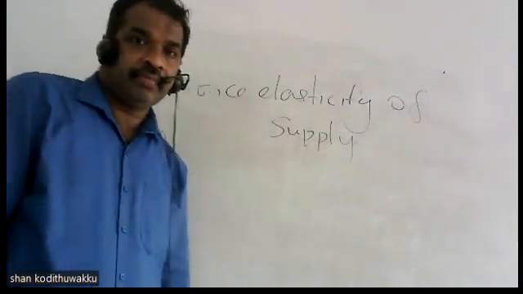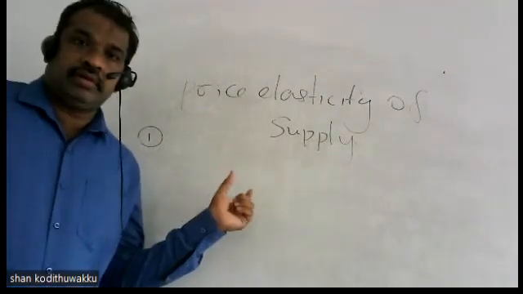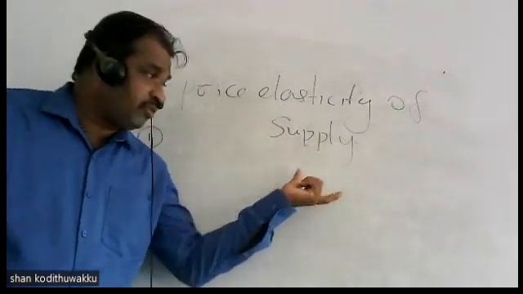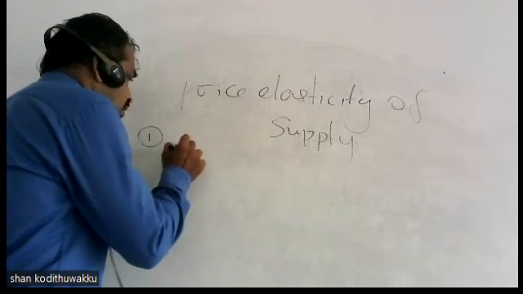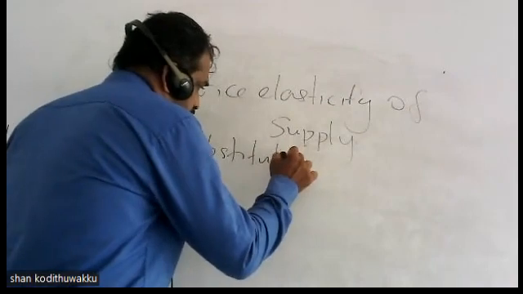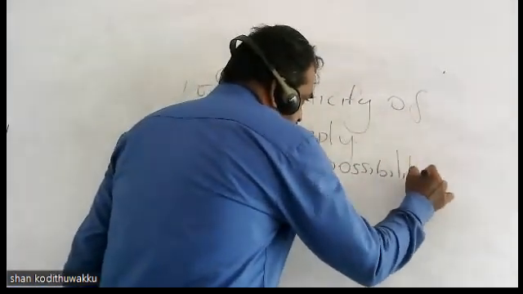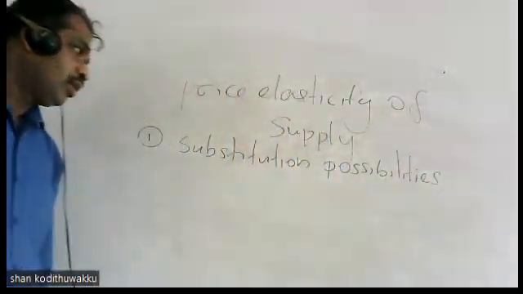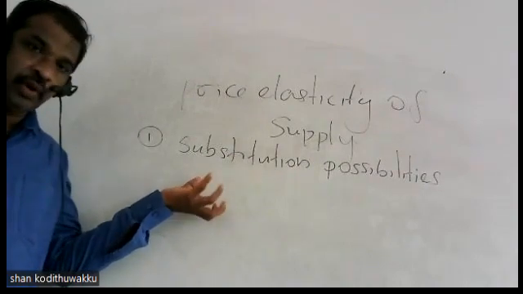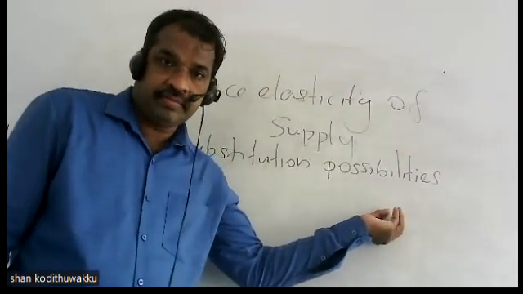Number one, substitution possibilities. That means we can use the same resource to produce different goods.